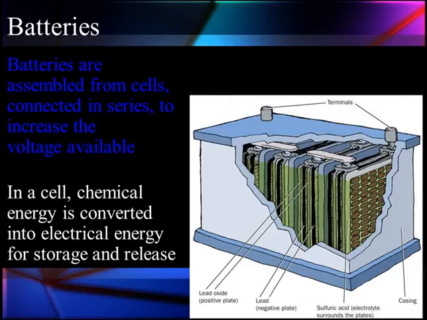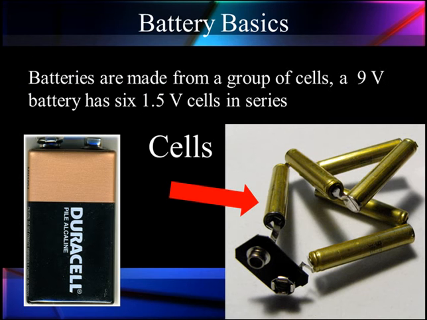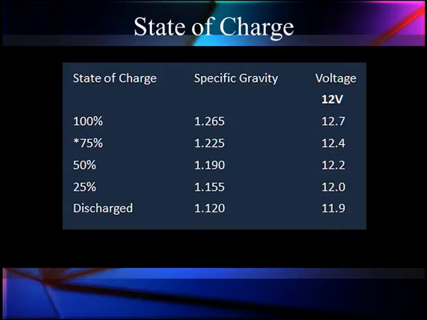So we put a lot of plates in parallel, connect them together, and then hook that cell to the next cell in series. Here's what it looks like on a 9-volt battery. We didn't buy one 9-volt battery. We actually bought six 1.5-volt batteries connected in series. If one of these cells goes bad, it's going to destroy the whole battery. We're going to talk about that when we do battery testing and look for that capability.